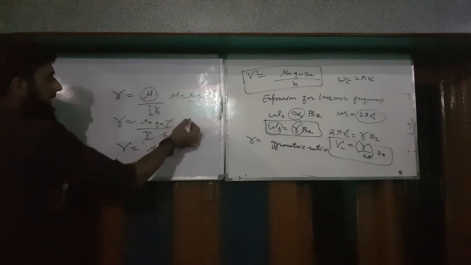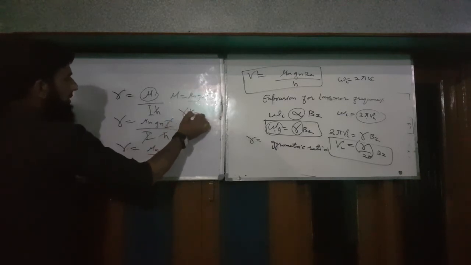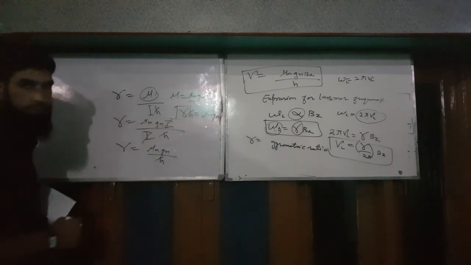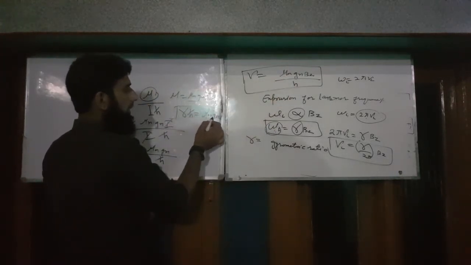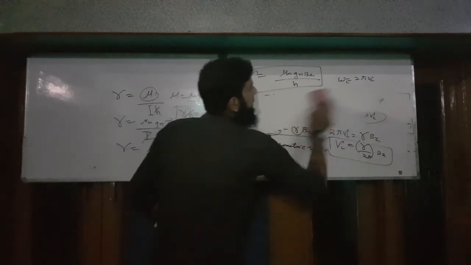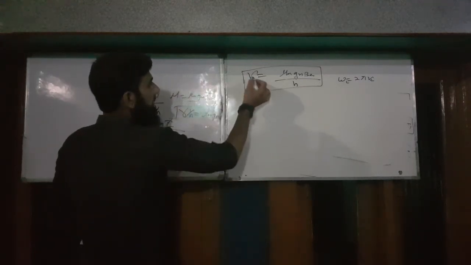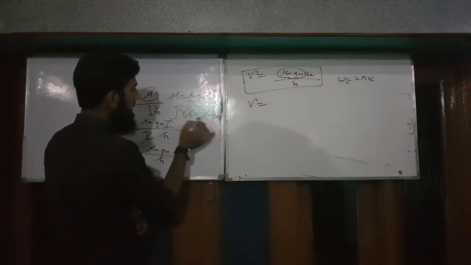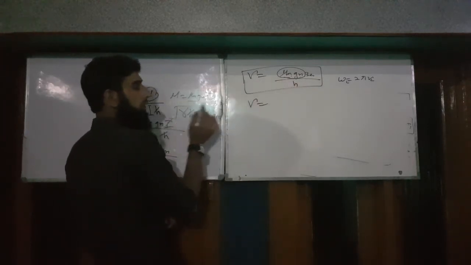We take this h cross to the other side, it becomes gamma h cross is equal to mu n gn. Look at this equation: gamma h cross is equal to mu n gn.